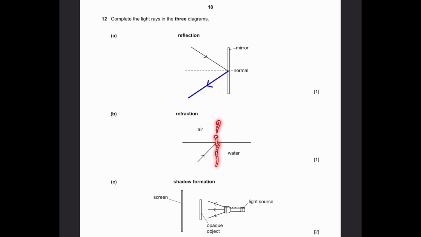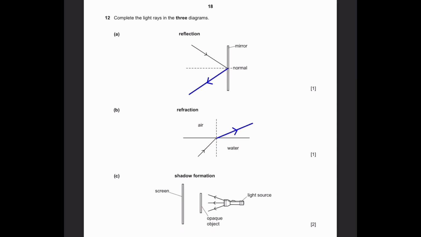This is actually the normal, because always the normal is given in dotted lines. This is 90 degrees. It'll always bend away from the normal. Therefore, we can draw it at any angle, but it just has to be away from the normal, or this angle is greater than this angle. The refracted angle R is greater than the incident angle I.